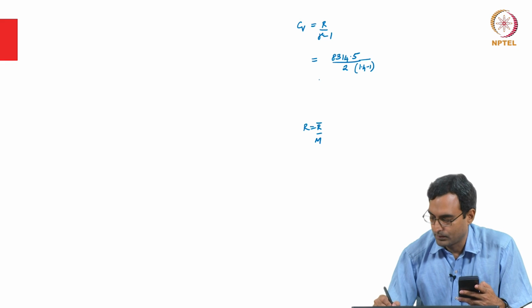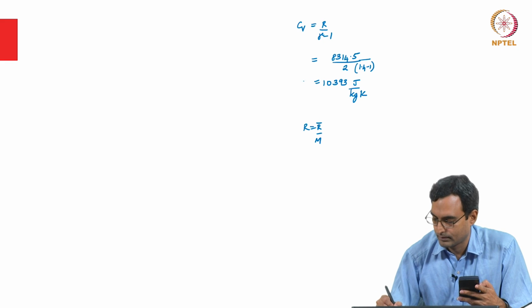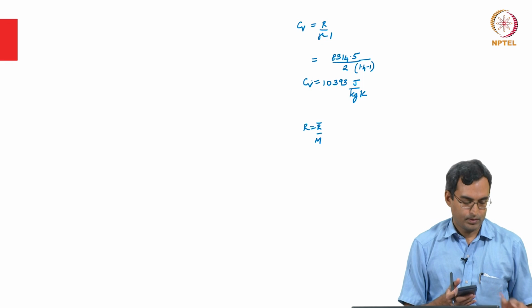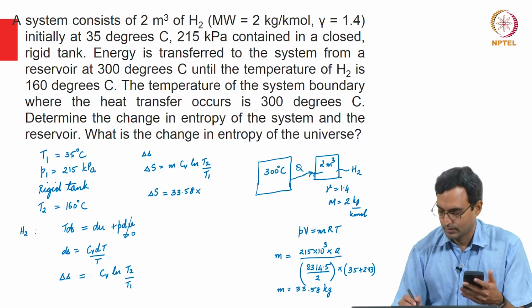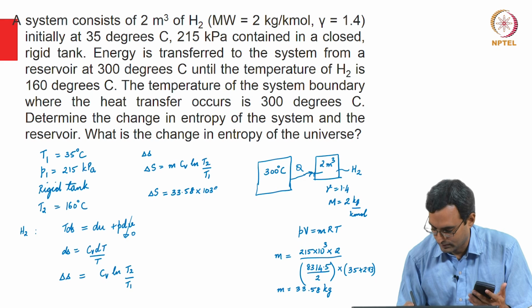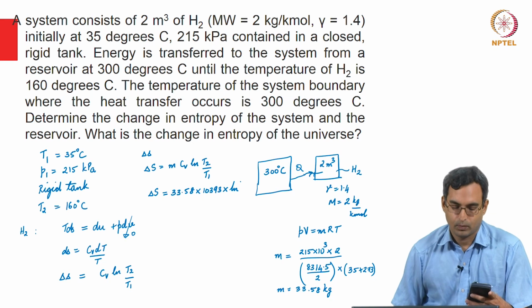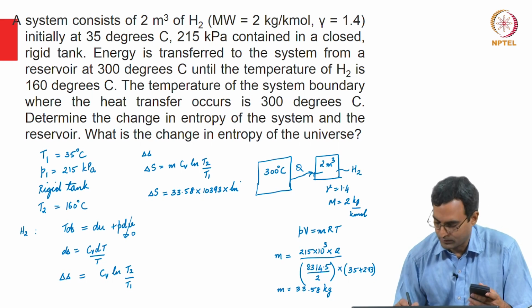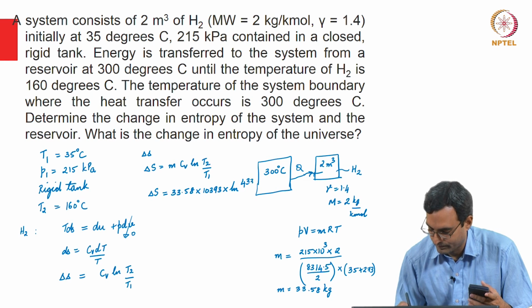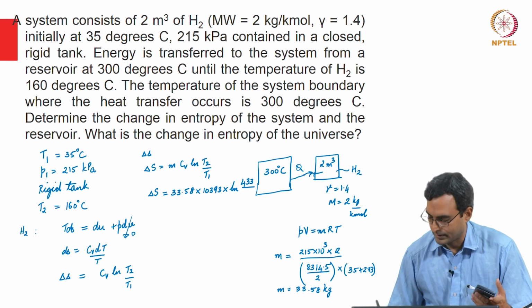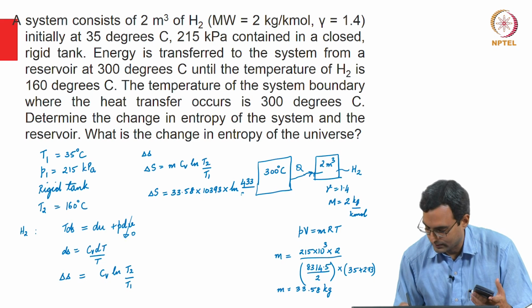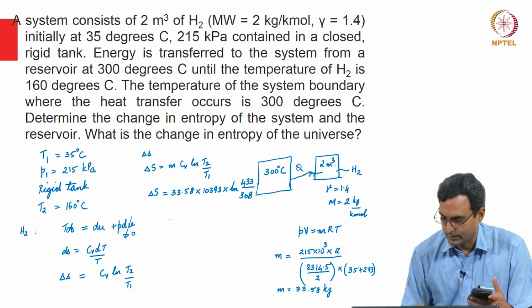So this comes out to be about 10,393 joule per kg Kelvin. So I am going to use this. The final temperature I have is 160, which is essentially 433 Kelvin. The initial temperature I have is 35, which is 308 Kelvin.